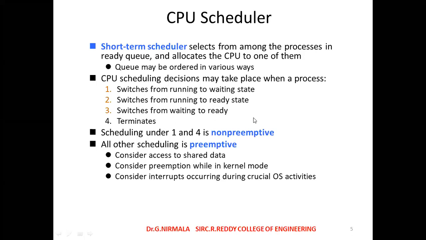Normally, the process may switch from either running to waiting, after waiting again it moves to the ready state. Means either running to the ready state or waiting to the ready state. These are the three possible ways you have. Finally, you have the terminate for complete termination.